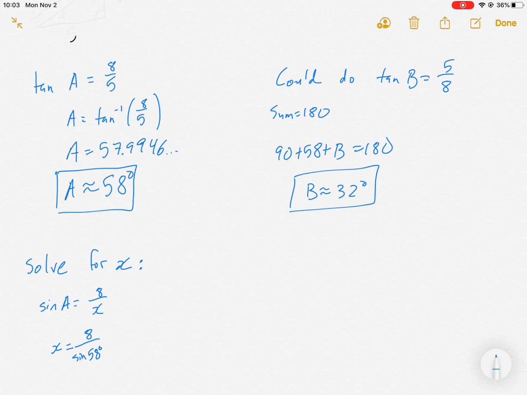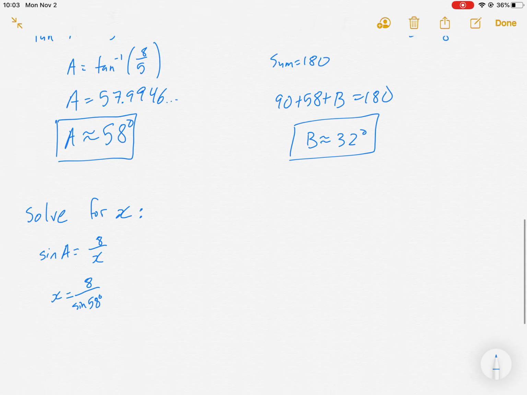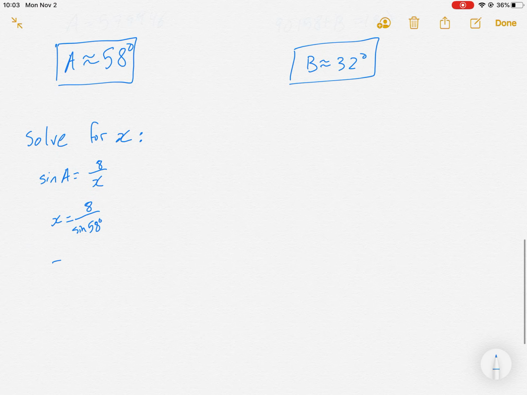So let's go ahead now. I'm going to say 8 divided by sine of 58, which is about 9.433. So we'll do 3 decimal places again. I will try to always be explicit about how many decimals I want. In this case, it's 9.433.